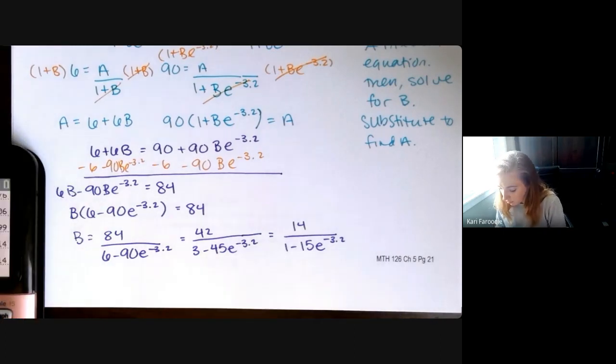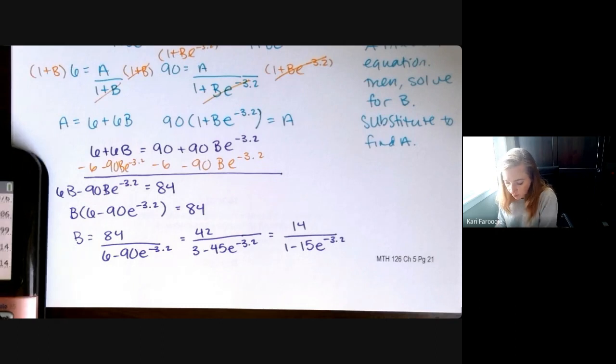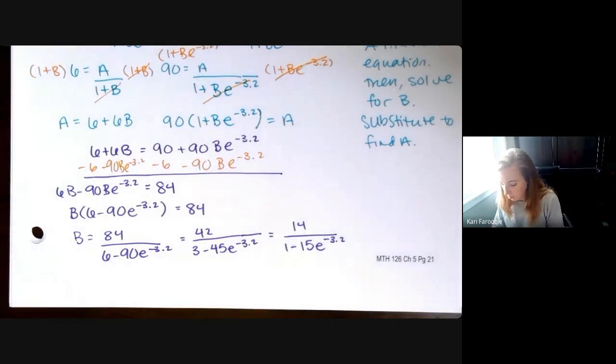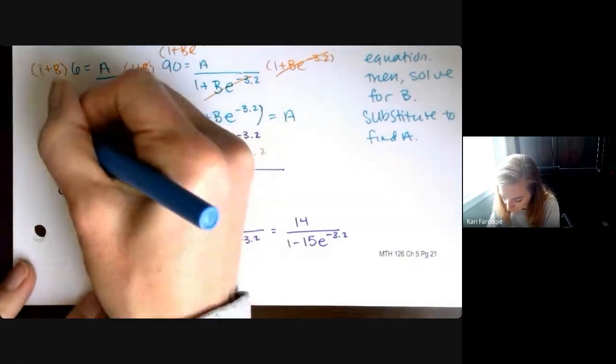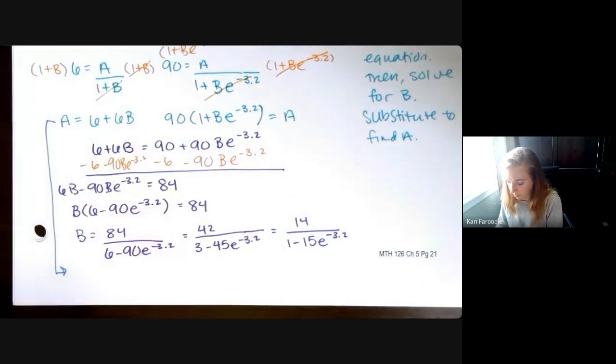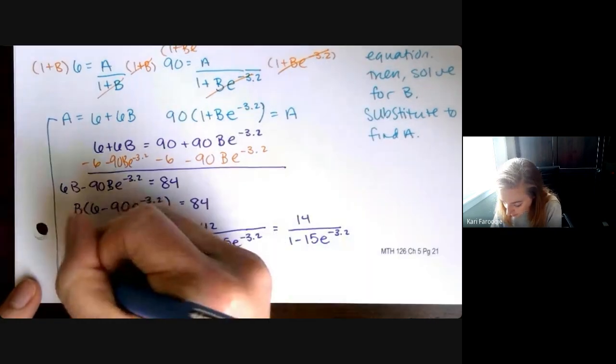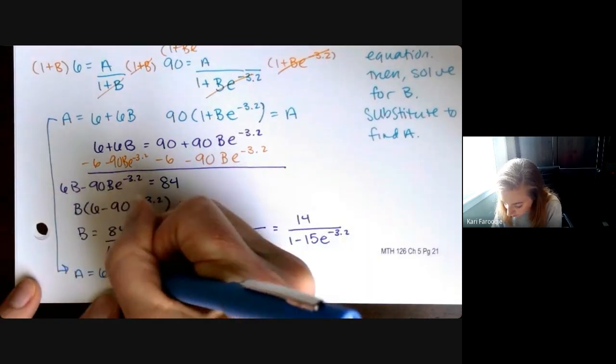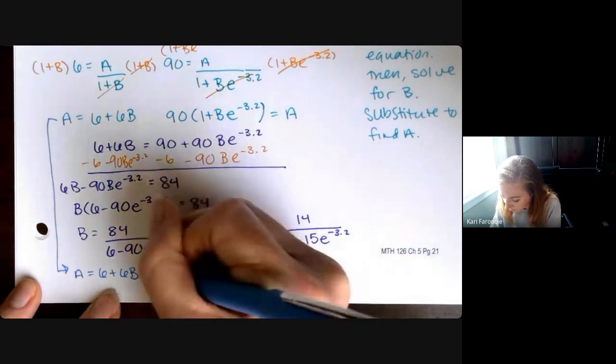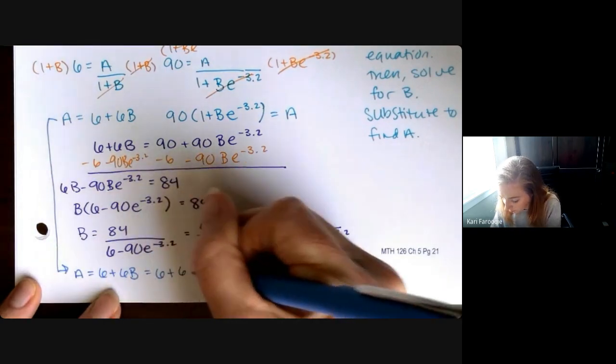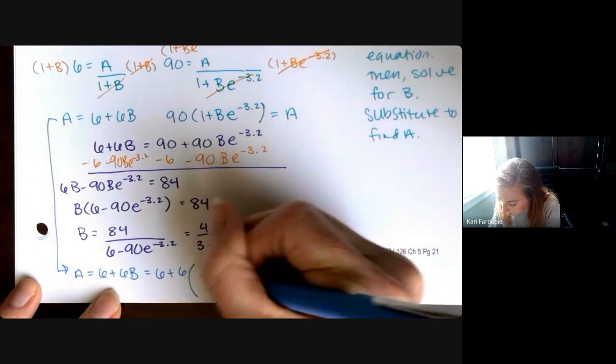I'm also going to now find A. I'm going to back substitute using one of the original equations for A. So if I know B now, I can say that A is 6 plus 6B, which is 6 plus 6 times that quantity.